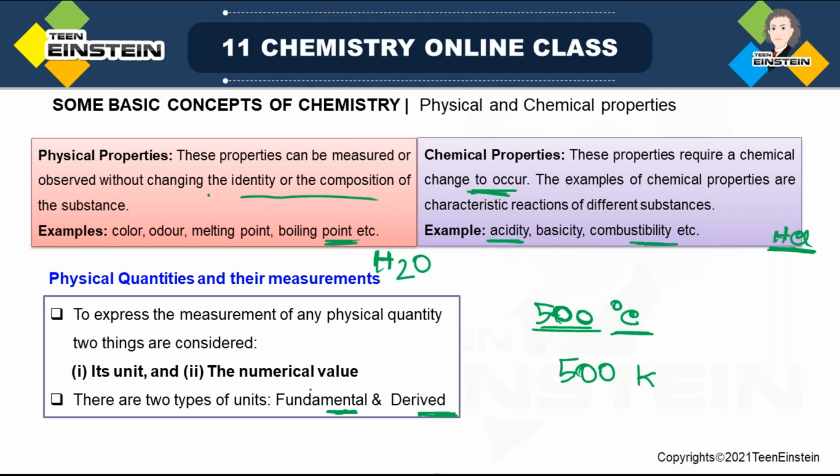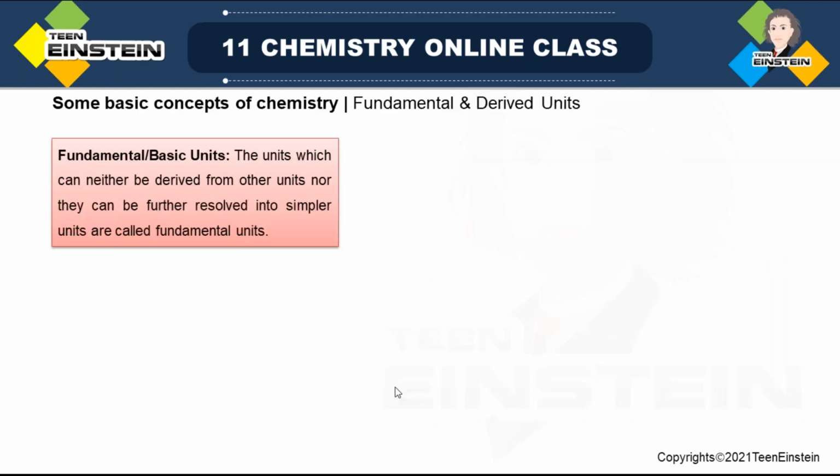From the name itself, you can understand the difference. Fundamental means only one unit is used, but when it is derived, there will be at least two units combined together, making a new unit. That is why it is derived. When we see an example in the next slide, it will be clear.